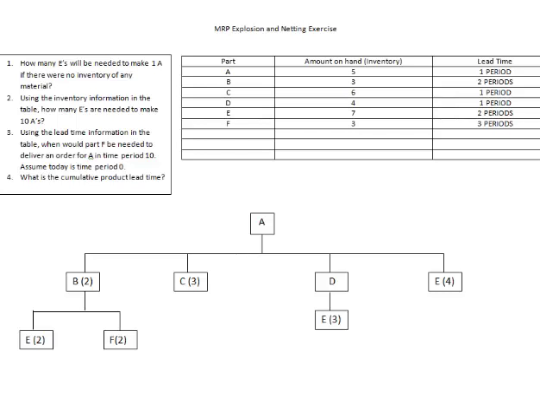The first question is, how many E's will be needed to make 1A if there were no inventory for any of these materials? So in this first one right here, we're going to assume that that inventory amount is 0, and just answer the question, how many E's would be needed to make 1A?